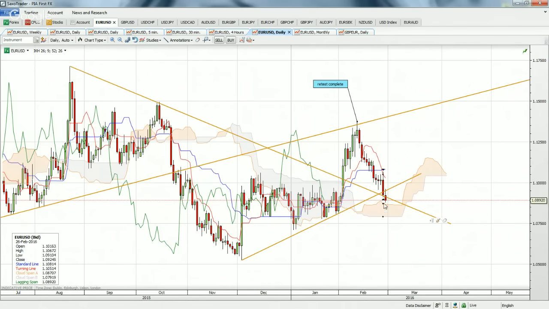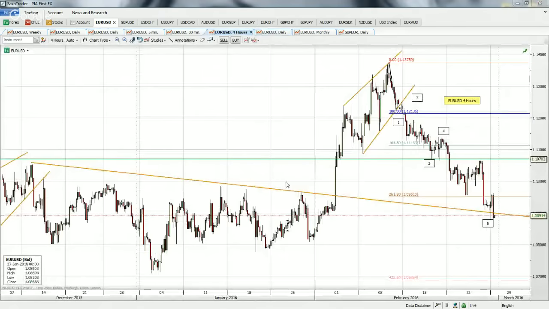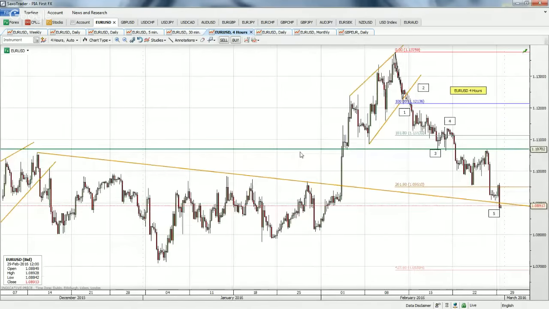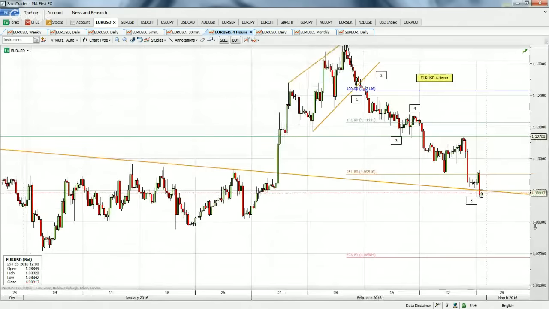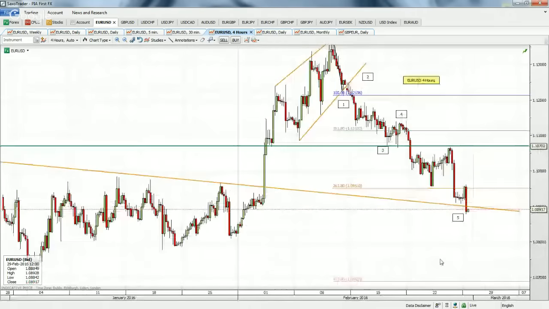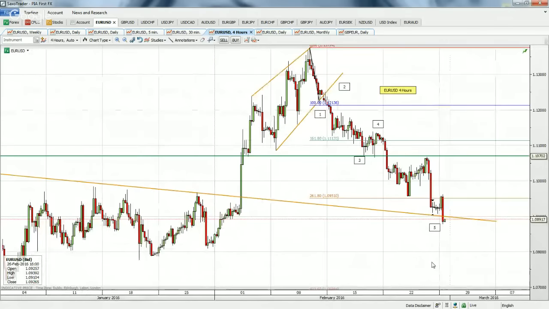But then I think we're still hanging around this area here. And if we go into the 4-hour chart, we have this trend. So a reverse trend line was resistance, now support. We have broken it, but signals are looking too oversold on an intraday basis, I think.